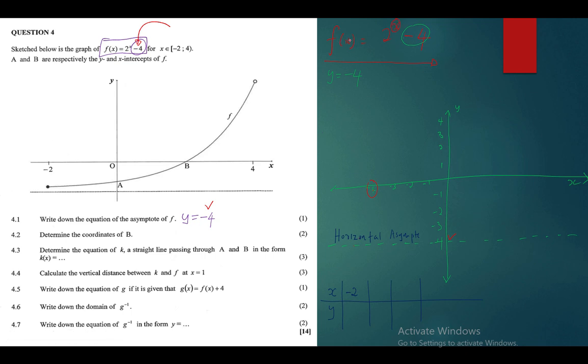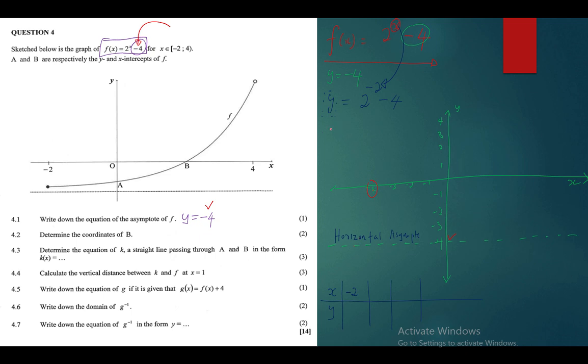Remember, f of x is equal to 2 to the exponent x minus 4. So where there is x, you put negative 2. You want to know the value of y.